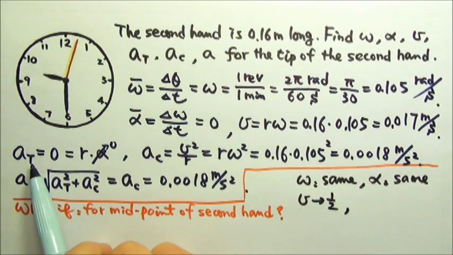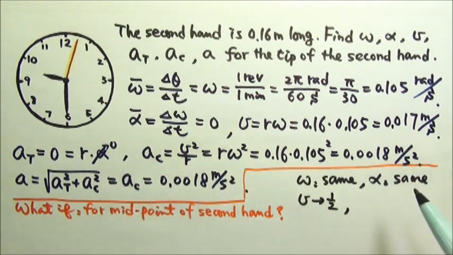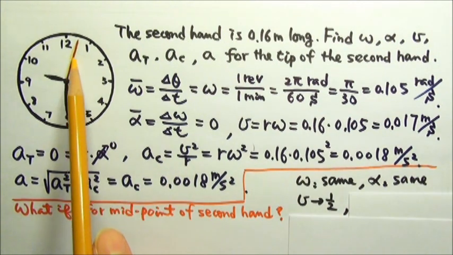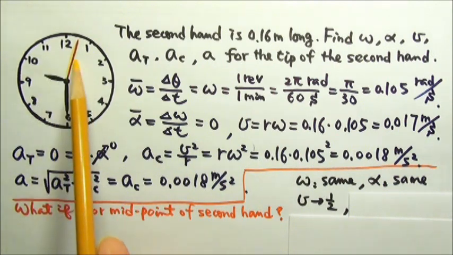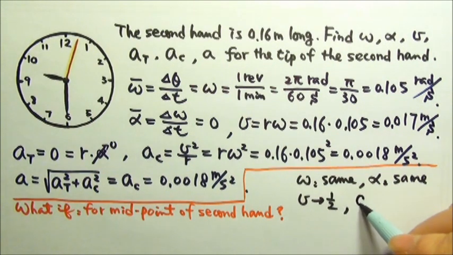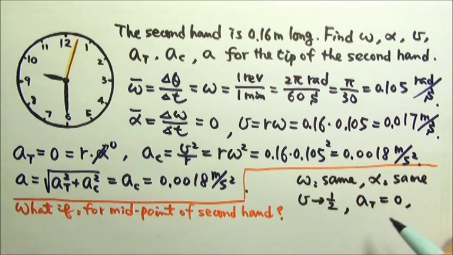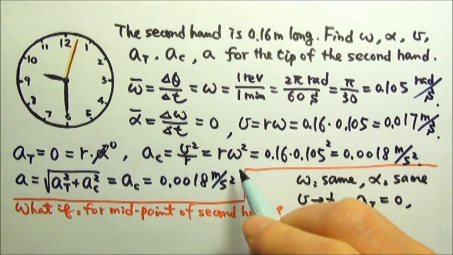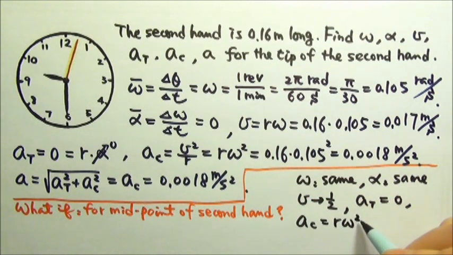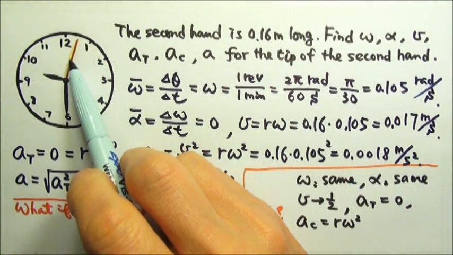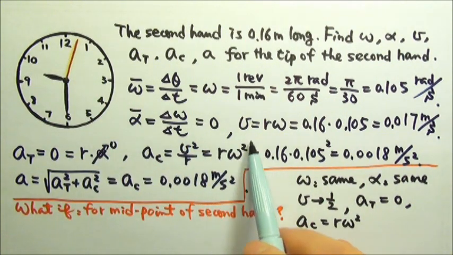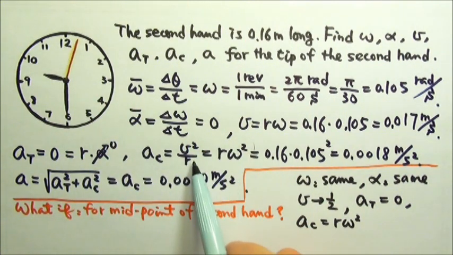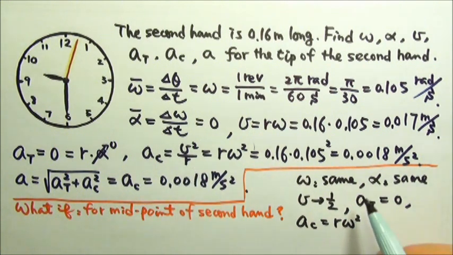And then tangential acceleration is still going to be 0 because the midpoint of the second hand goes around at a steady speed, no speed change. What about the centripetal acceleration? Centripetal acceleration is r times omega squared. Because the midpoint and the tip have the same omega, it is easier to use r omega squared instead of v squared over r.